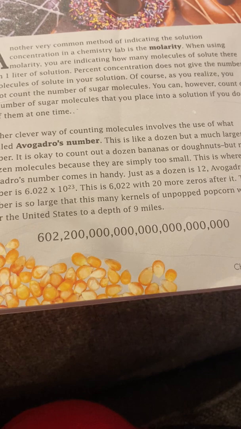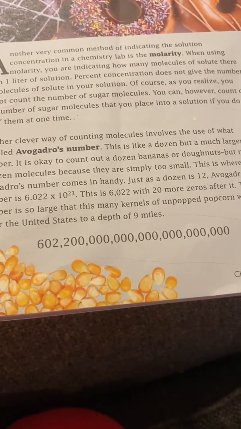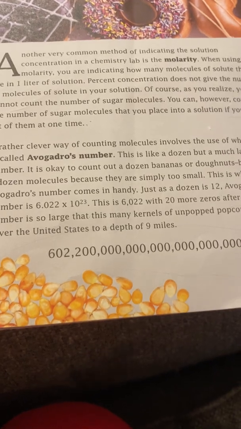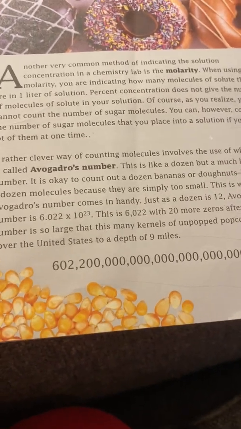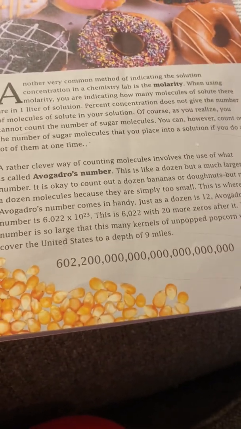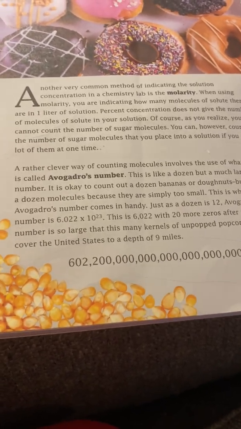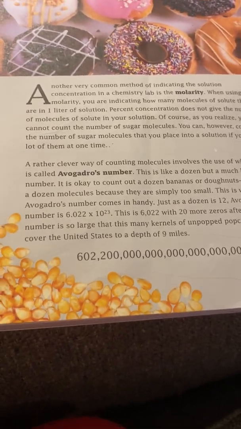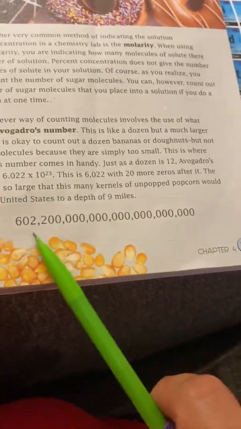So if you poured that many kernels of popcorn over the entire country, it would be 9 miles tall. Our houses would be covered, our trees would be covered, our mountains would be covered. It would be covered for 9 miles with popcorn kernels. That's how big this number is.